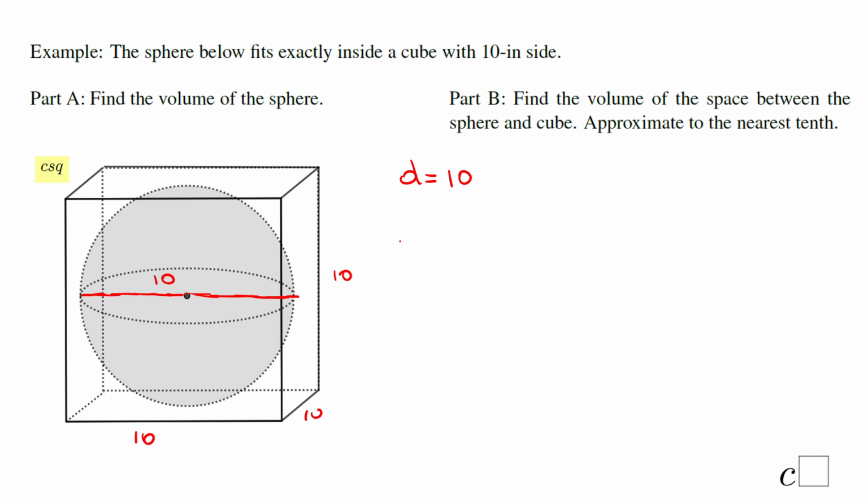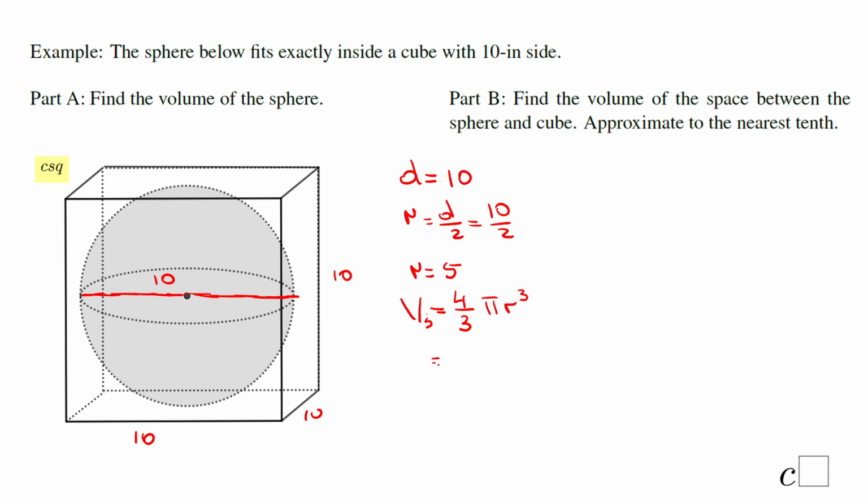So what's the next thing to find? The radius. The radius will be half of the diameter, if you remember. So 10 divided by 2, and the radius will be 5. And now we can find the volume of the sphere. I'm going to put an S here for sphere to be sure we know what it is. 4 over 3 pi r cubed.